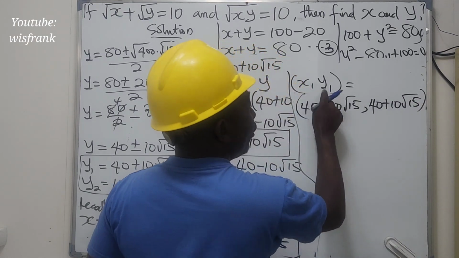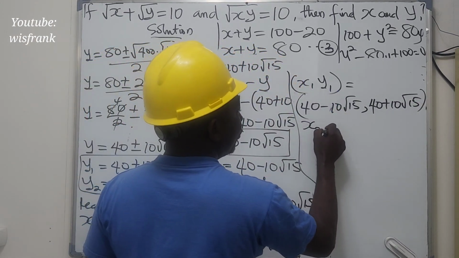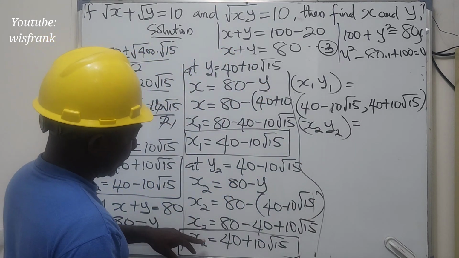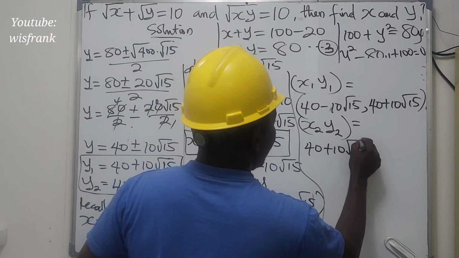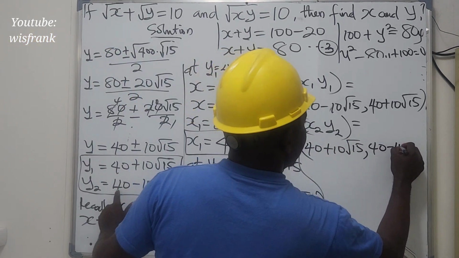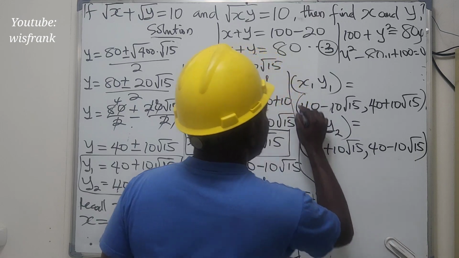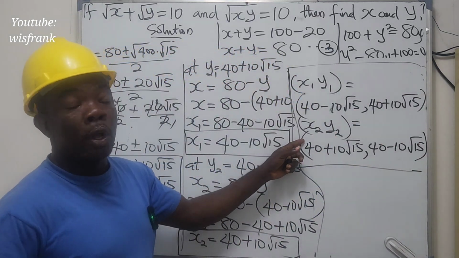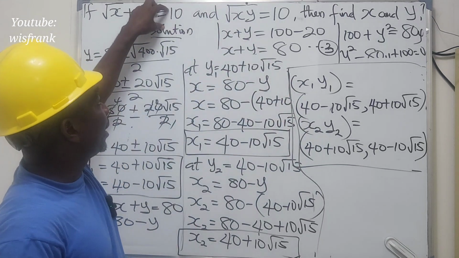So this is the value of x1, y1. Then x2, y2 equals, x2 as 40 plus 10 root 15, then y2 as 40 minus 10 root 15. So these are the values of x1 and y1, then x2 and y2, and they satisfy this expression.